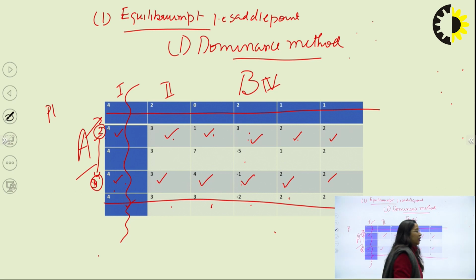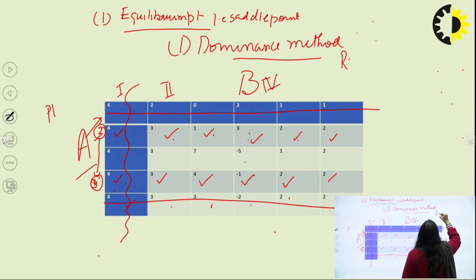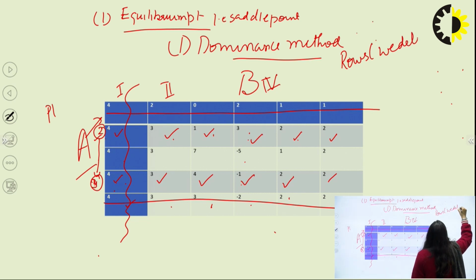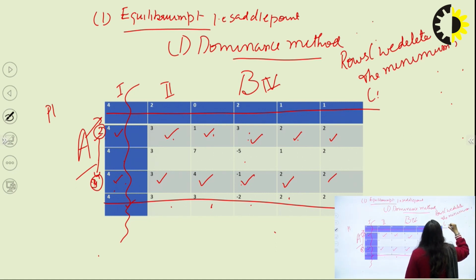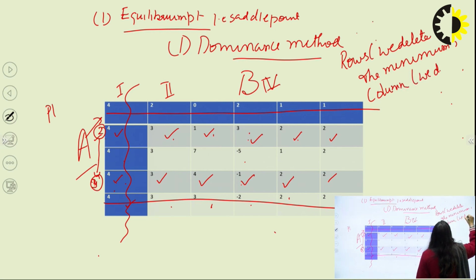What happens actually? In rows, we delete the minimum one, and in columns we delete the maximum one.